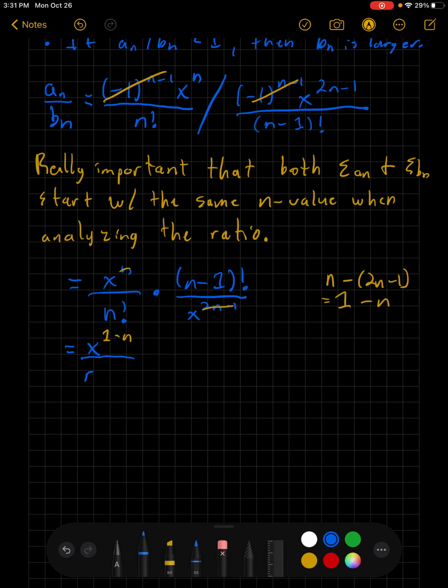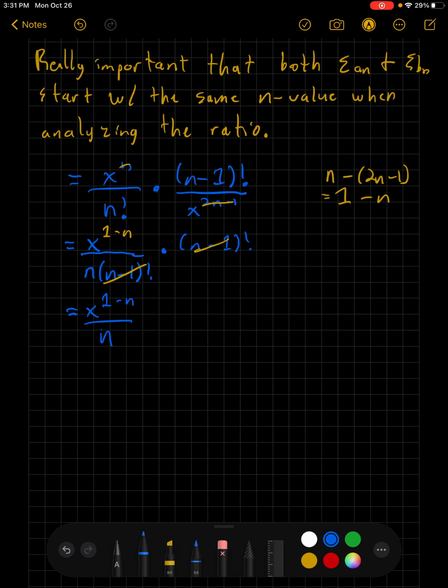And then what I have in the bottom, well, I have n factorial, which is really n times n minus 1 factorial, times n minus 1 factorial. What happens there? Those divide out. And so I am left with x to the 1 minus n over n.